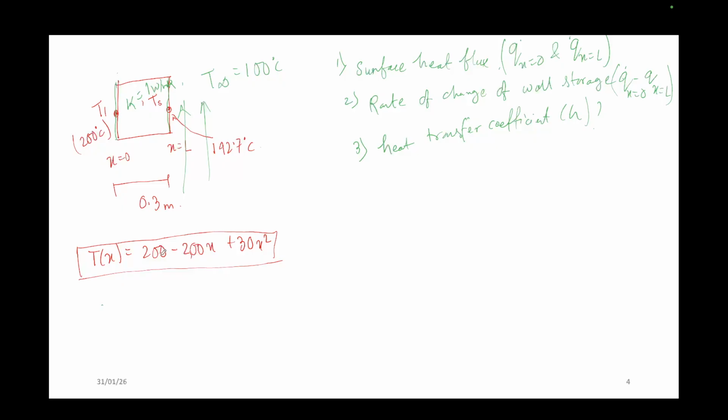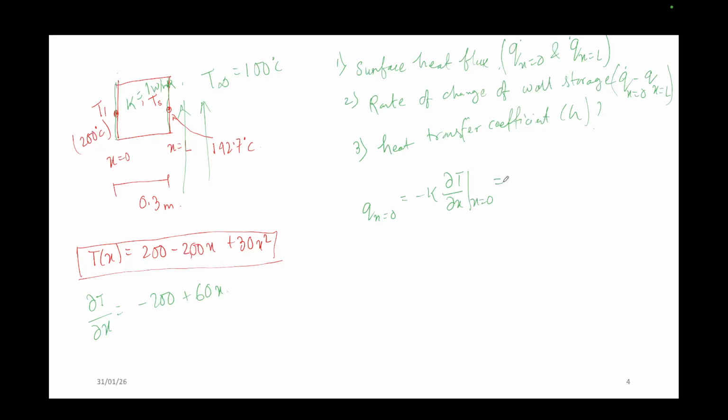So first, here you see that you need to find q at x equal to 0. So what is q basically? It is minus k del T del x. If I differentiate it, I will get del T del x as minus 200 plus 60x.